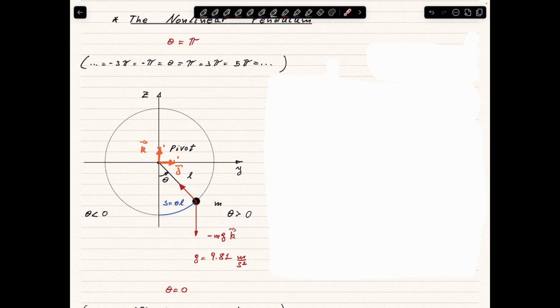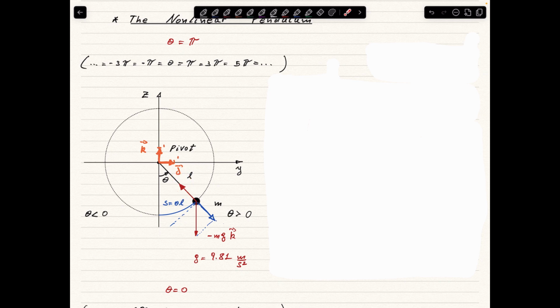So in order to compute that, we should decompose the weight, the force of the weight, in two directions. In the direction along the stick, that part of the force we don't care about, because it's going to be cancelled automatically by the rod.